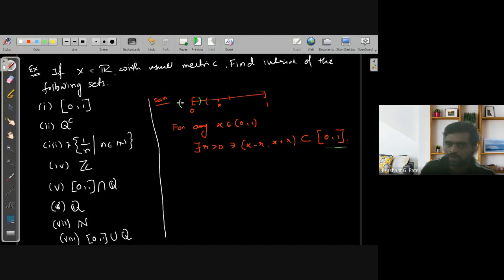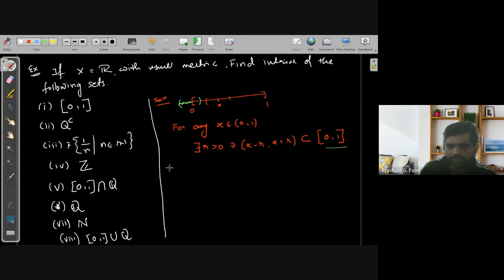This portion is outside. So 0 is not an interior point of closed interval 0, 1. What about 1? The same argument gives the answer no. An interior of a set is always a subset of the original set, so there is no other point you need to discuss.